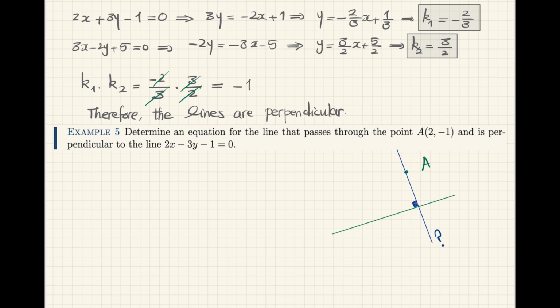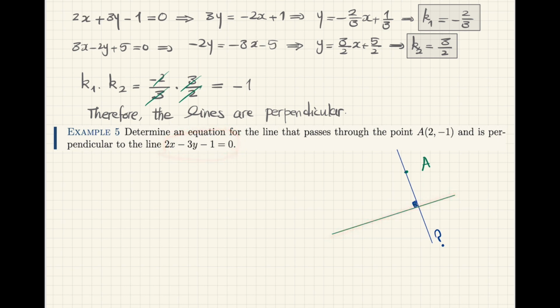Why? This is given directly in the problem. The second thing that you need to know is the k value of your line. Of course, the k value is not given to you directly in the problem, but the equation of this green line is given, and you already learned how to extract the information regarding the k value from its equation.